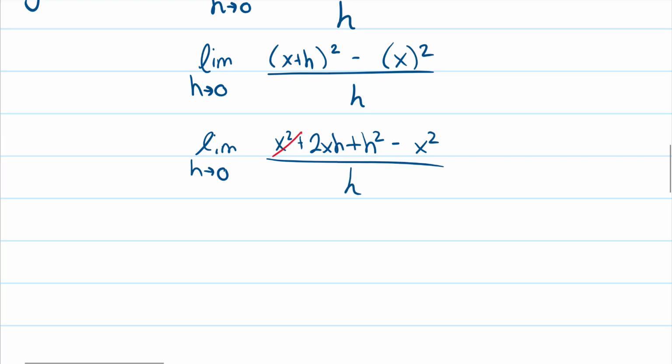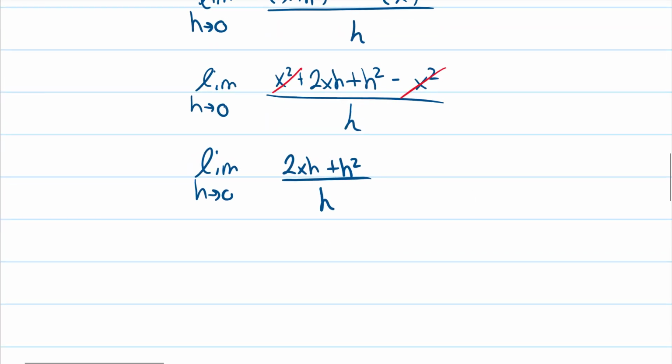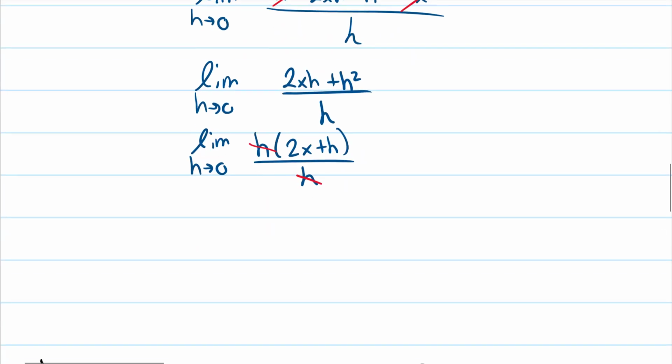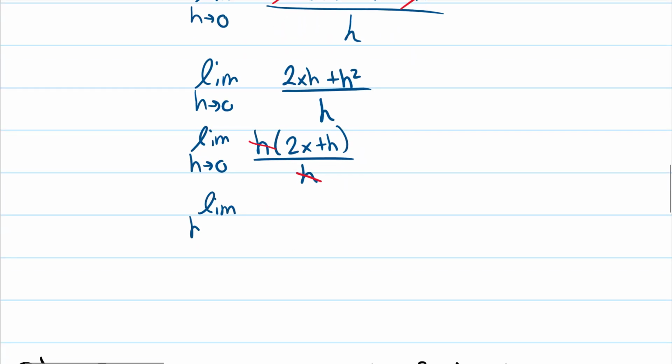Our x squareds are going to cancel, and we get the limit as h approaches 0 of 2xh plus h squared, all divided by h. I'm going to factor out the h, and I get h times (2x plus h) divided by h. The h's are going to reduce off, and so this becomes the limit as h approaches 0 of 2x plus h. The 0 at this point is going to go in for h, and you get 2x.